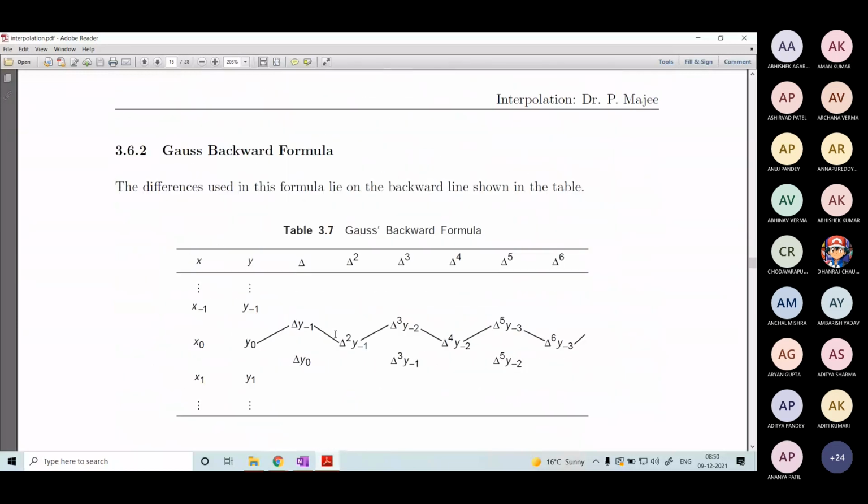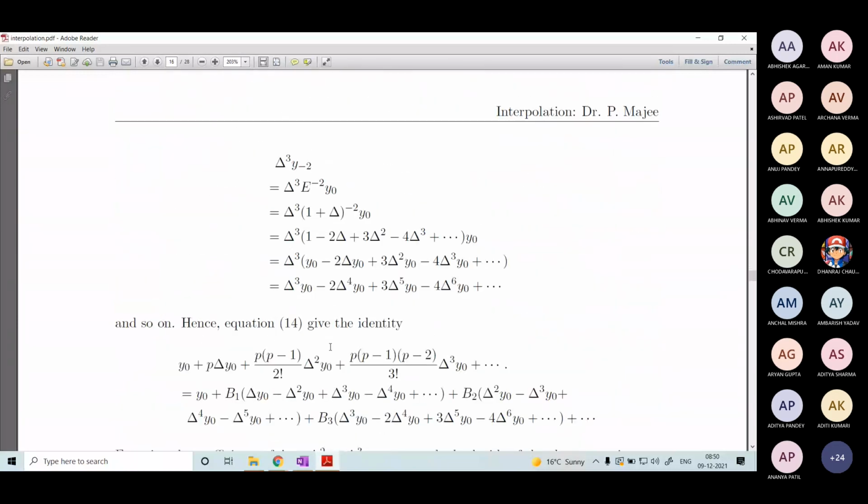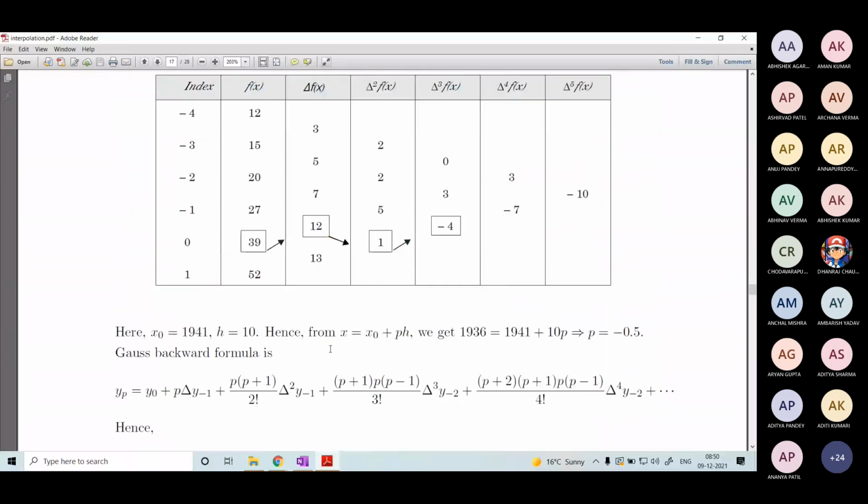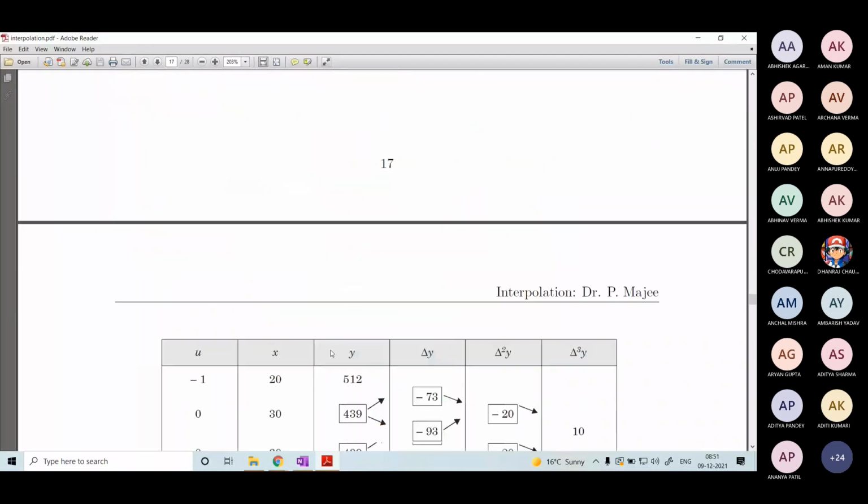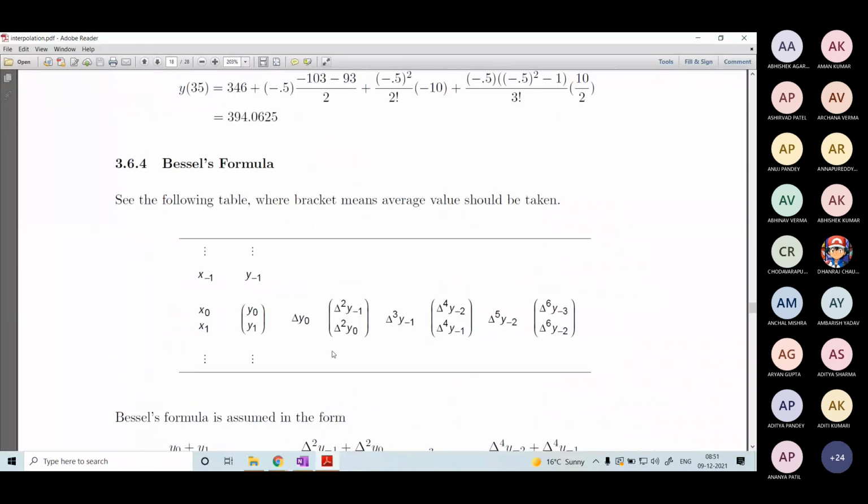और उनके बाद दो और फॉर्मूले आते हैं जो सिलेबस में इंक्लूड किए गए हैं. They are Bessel's and Everett's. So Bessel's में दो values you will take. I'll be explaining in next class. If I do it, you will forget. First, try to understand and solve a few problems.